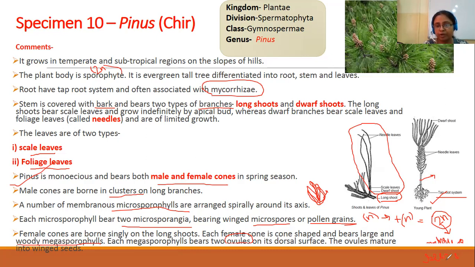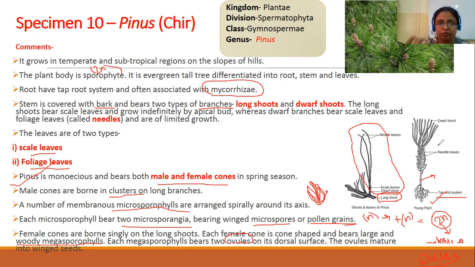So what will happen at the time of sexual reproduction after the fertilization? The ovule, after the fertilization, has developed into the seed, and this time this seed is naked. Why is this seed naked? Because here no flowers you can see. You cannot see a swollen ovary.